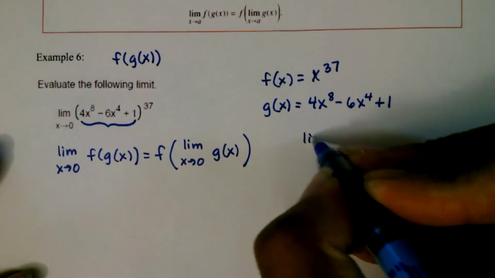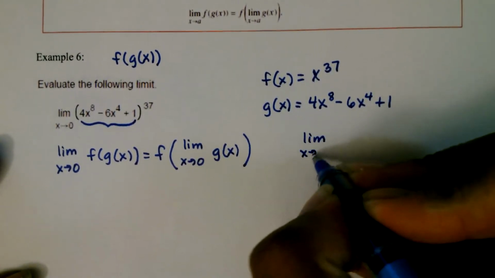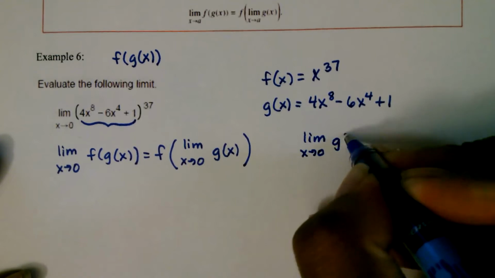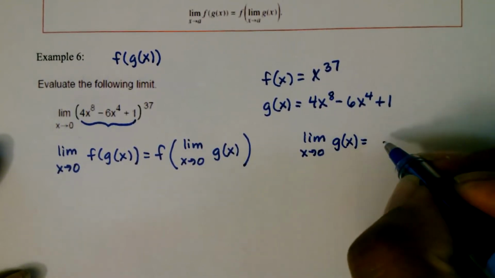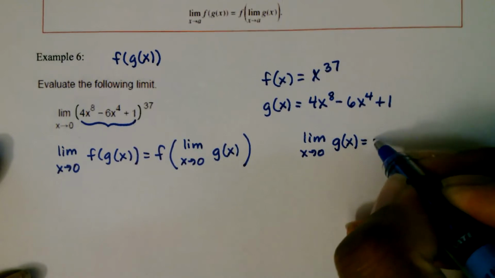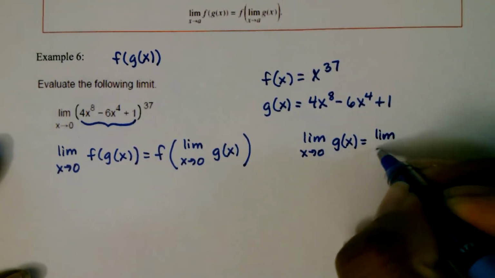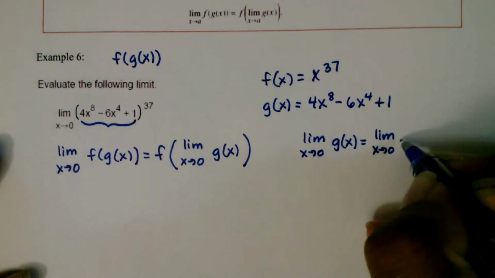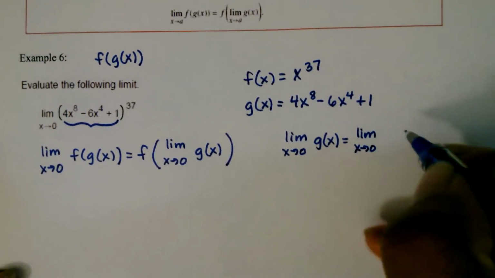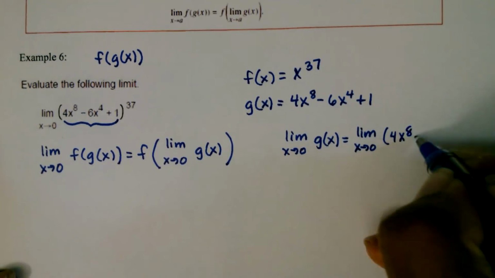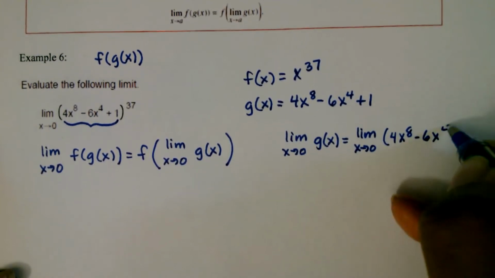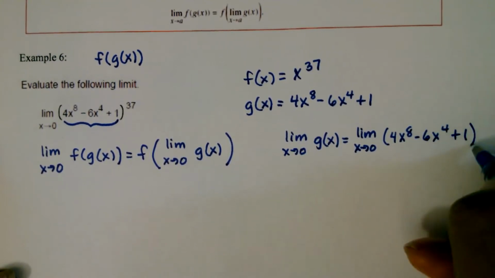Now to the side, I'm going to do the limit as x approaches 0 of g of x. But g of x is 4x to the 8th minus 6x to the 4th plus 1. So I'll evaluate the limit as x approaches 0 and replace that g of x with 4x to the 8th minus 6x to the 4th plus 1.